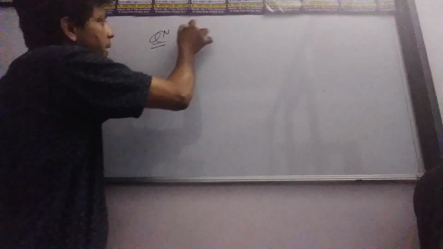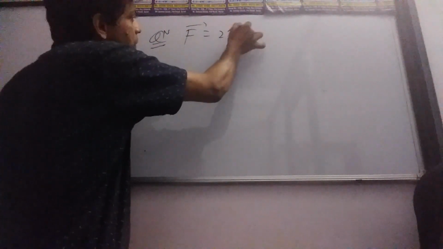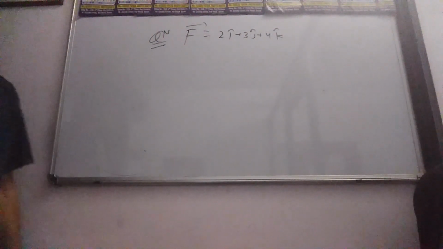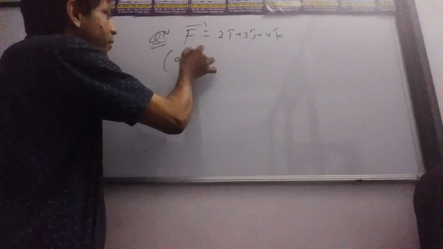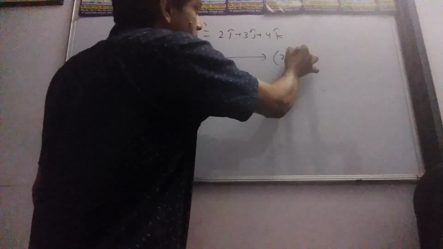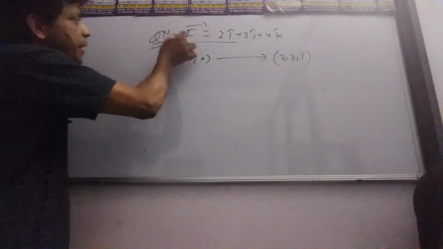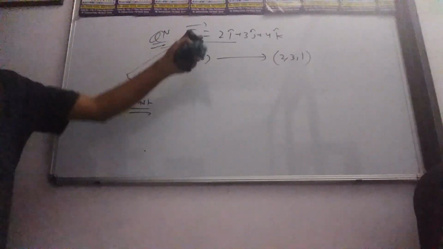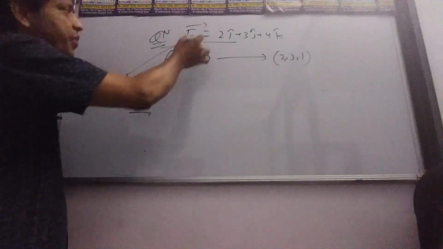Suppose I take a force vector F equal to 2i cap, 3j cap and 4k cap, right? And suppose it is displacing from 0, 0, 0 to 2, 3, 1. Just see the category. What is this? Constant force, right? F is equal to 2i cap, 3j cap, 4k cap. This is the constant force.